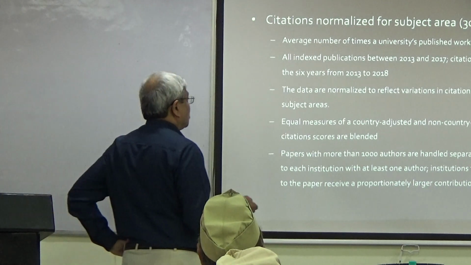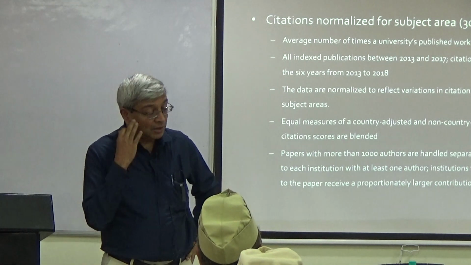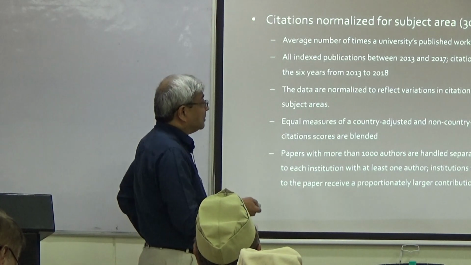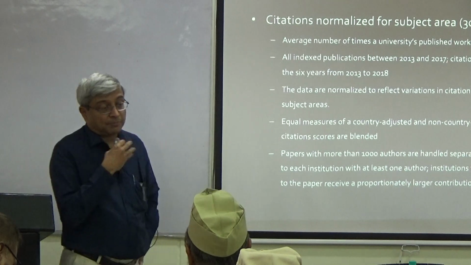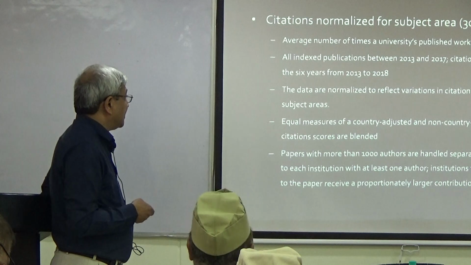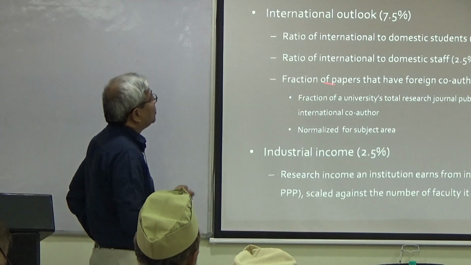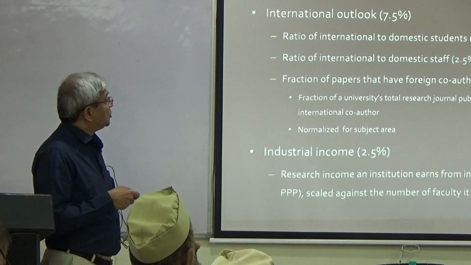And papers with more than 1,000 authors are handled separately, so that these big collaborations don't get an undue advantage. So you get a minimum of 5% of the citations, and if there are many co-authors in that paper, you receive more citations.